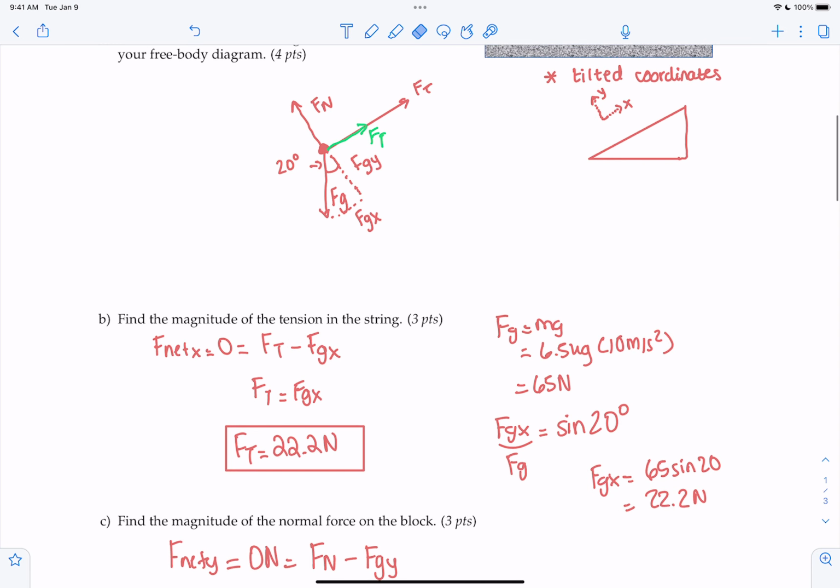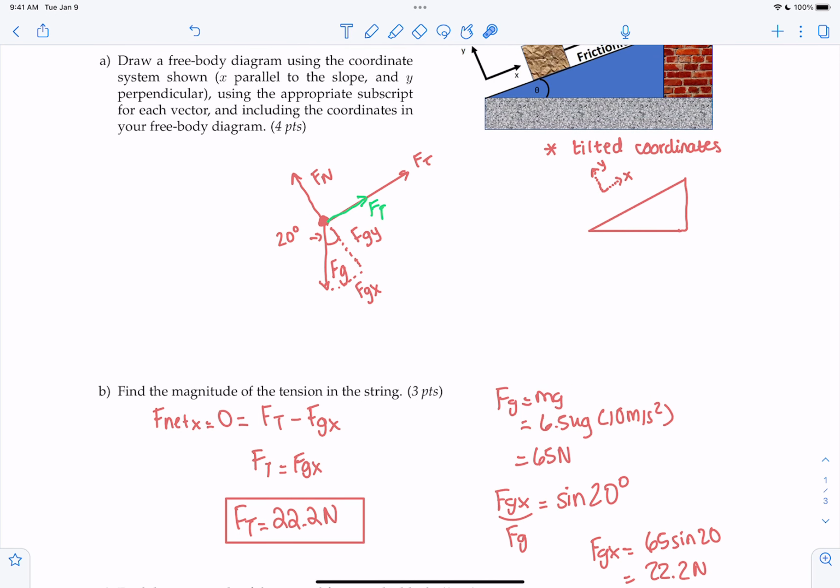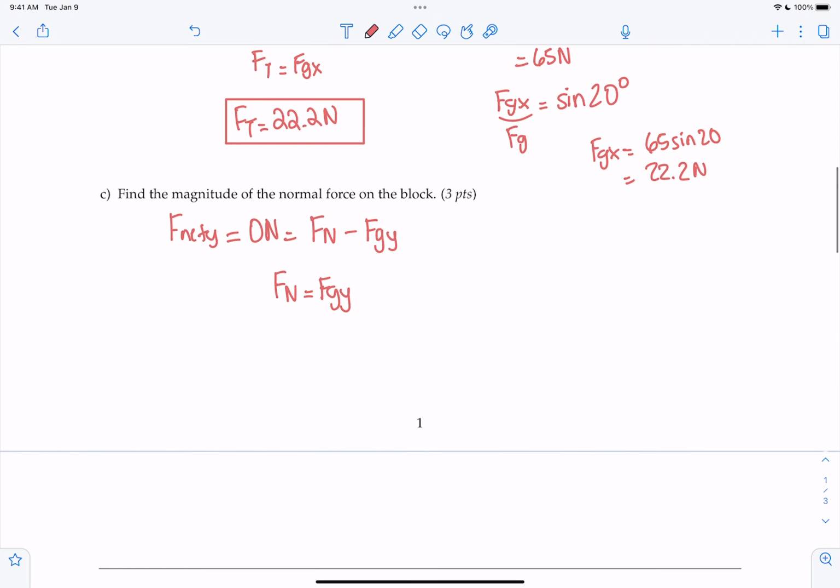Now, similar to this step here, how can we figure out Fgy? Yep, cosine. So cosine of 20 should be equal to Fgy, that's adjacent over hypotenuse, which is Fg.